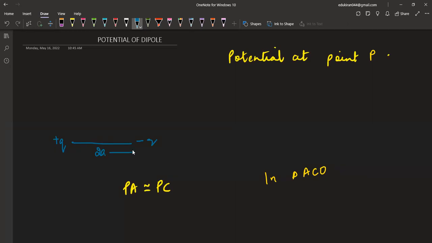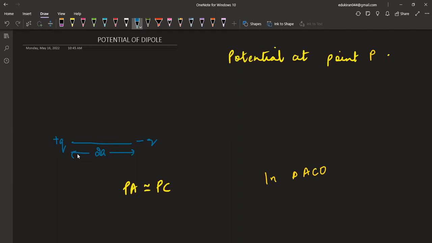They are separated by a separation 2A. This is how we discussed it when we got the electric field due to a dipole. Remember, that time we had seen two cases, axial and equatorial.